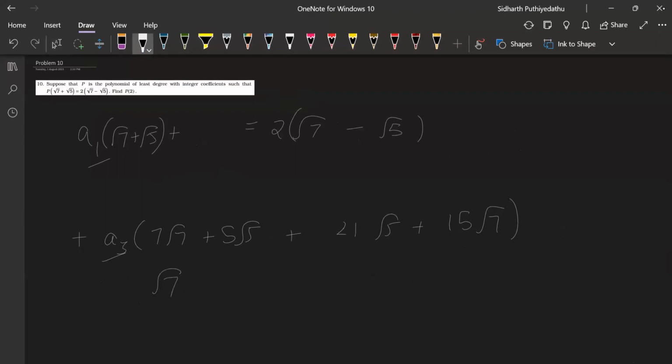A1 into √7 plus √5. So let's look at the coefficients for √7. Let's group them. A1 plus 28 A3, right? And plus √5 into A1 plus 20 A3.